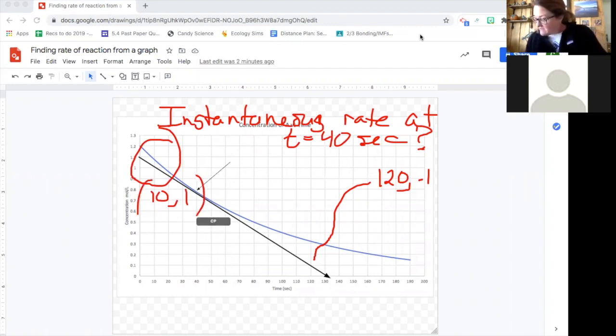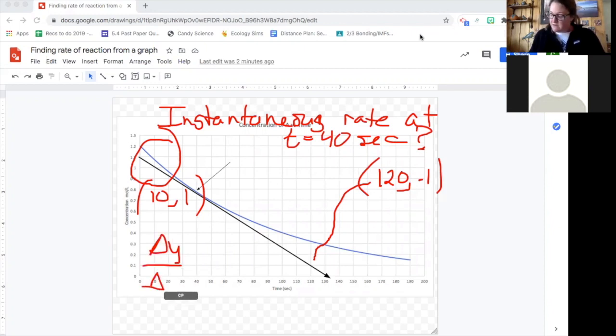So using these two data points, I'm now going to do change in y over change in x, which will give me the change in molar per second, which is indeed the rate of the reaction. So my change in y is going to be 0.1 minus 1.